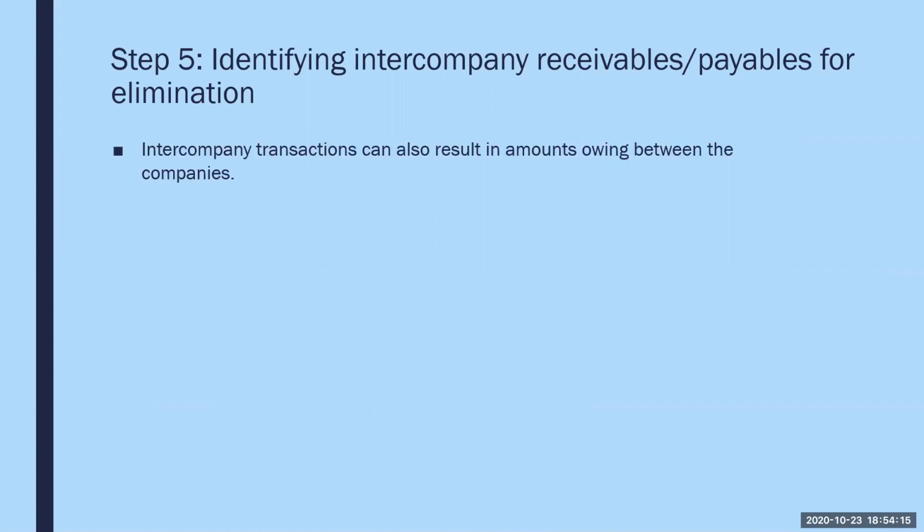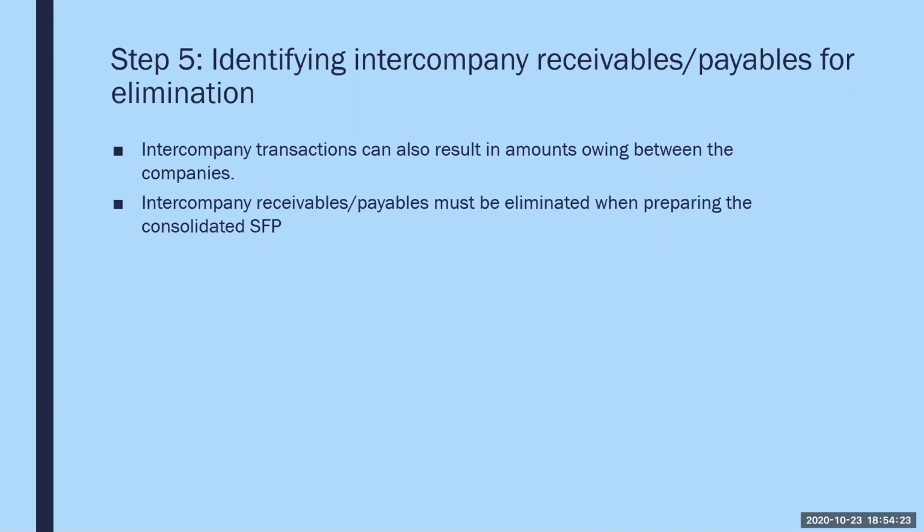Step 5, intercompany receivables and payables. These are also called intercompany balances. So intercompany transactions, as I was mentioning, can also result in amounts owed between companies. If one company owes money to the other, there would be a receivable and a payable. The company that owes money will have a payable recorded on its books. The company that is owed the money will have a receivable.